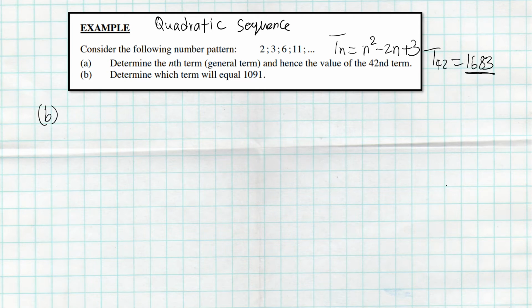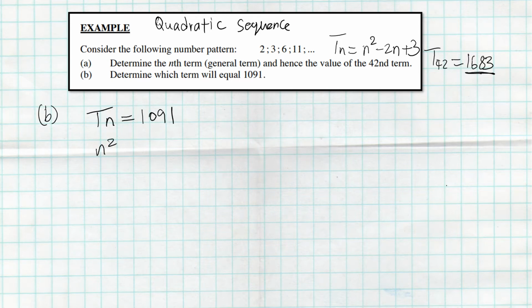Determine which term will be equal to 1091. So they want to know which term in the sequence will be equal to 1091. So actually they want to know the position of the term. So they want n when Tn is equal to 1091.